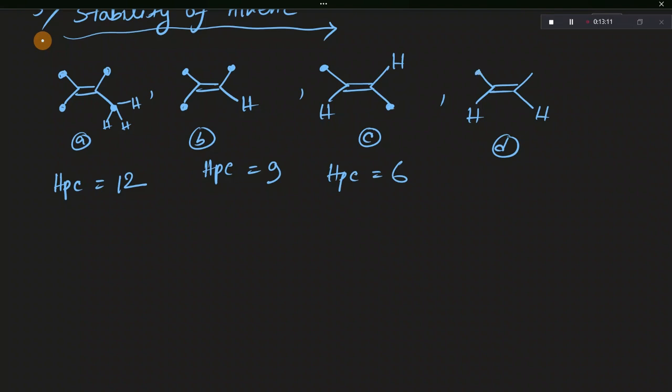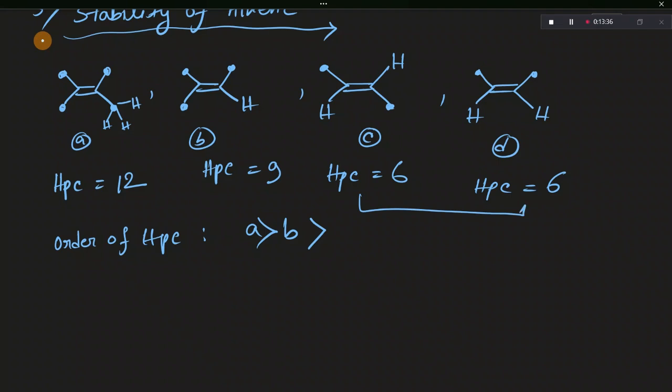And here 2 alpha carbons are present, that means 6 alpha hydrogens, that means hyperconjugating structures are 6. So now the order of hyperconjugating structures is A greater than B. In C and D, the number of hyperconjugating structures is the same, C equal to D.